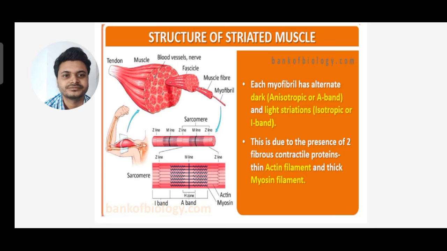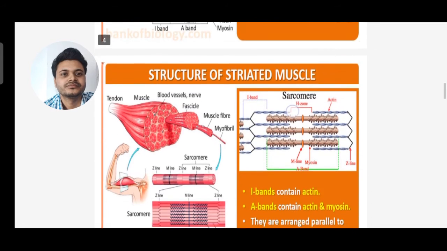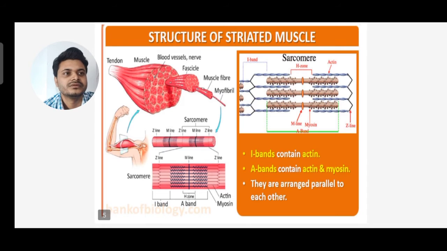You can see in the picture the I band, A band, actins, myosins, H zone, M line, and Z lines. The distance or area between two Z lines is called a sarcomere.